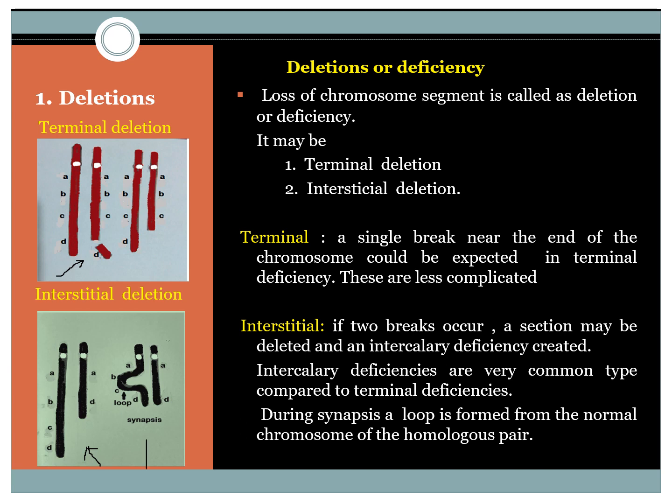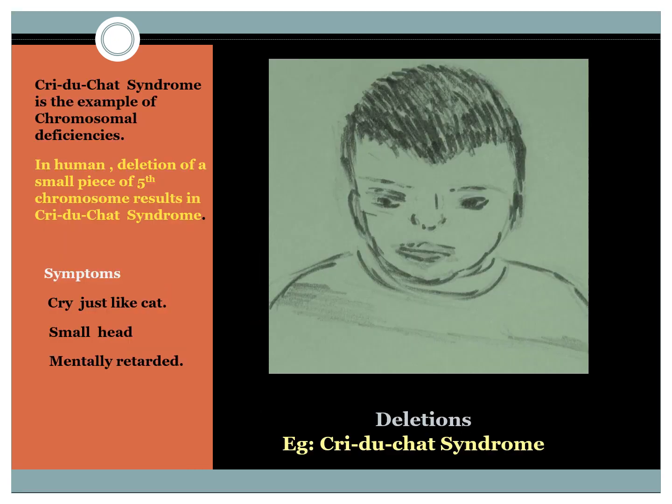See here, it is a loop-like projection which is formed from the normal chromosome, which corresponds to the missing part of the deletion chromosome. An example is Cri-du-chat syndrome. In humans, deletion of a small piece of chromosome 5 results in Cri-du-chat syndrome. These patients are mentally retarded, their head is small, and they cry just like a cat.